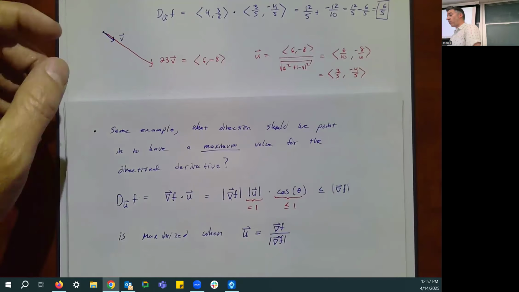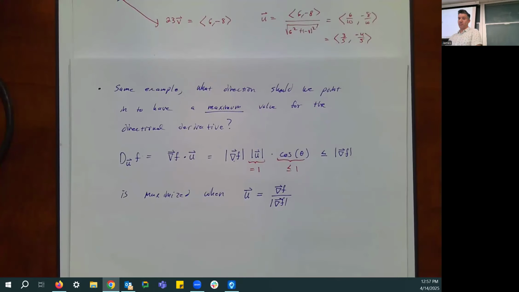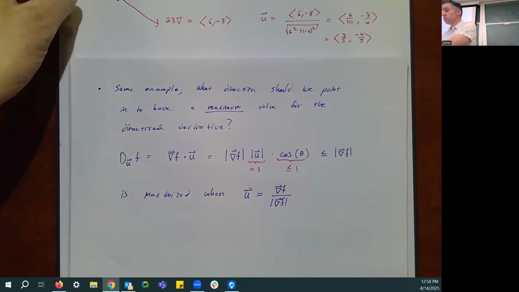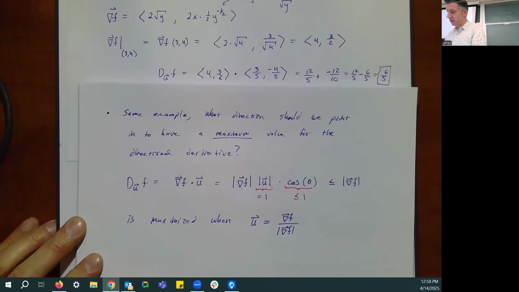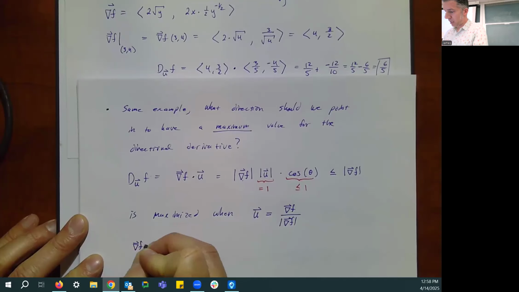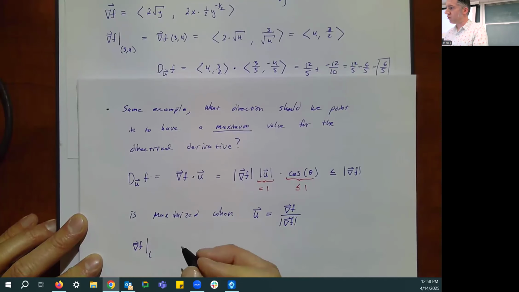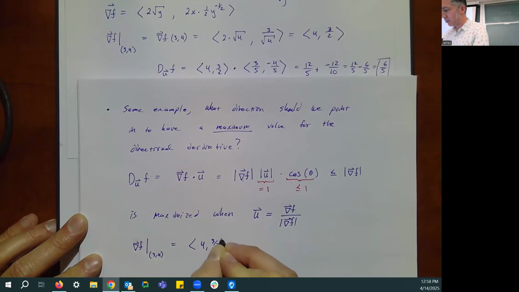And that's something important to remember, that we can maximize this directional derivative if we point in the direction of the gradient vector at that particular point. So in this previous example, if we look back here, our gradient at the point, what was it? 3, 4, our gradient was equal to the vector 4, 3/2.